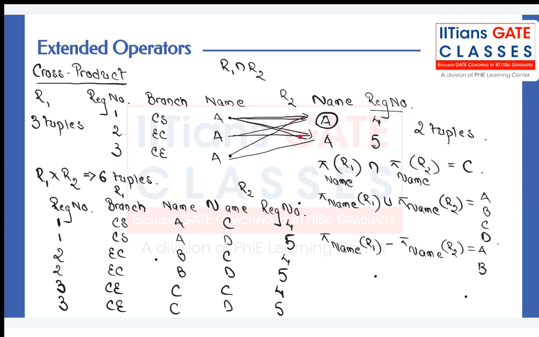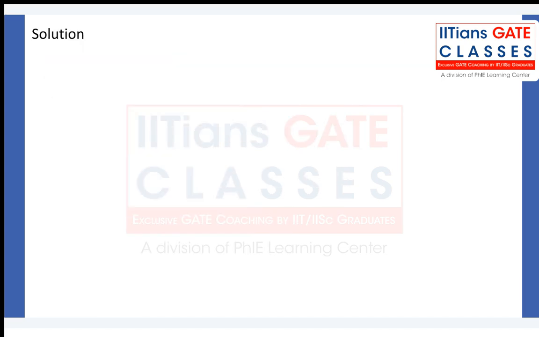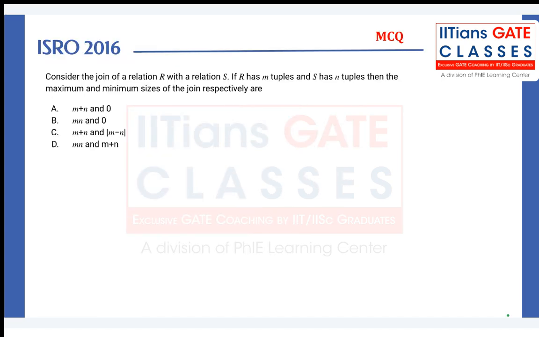Second row would have matched with both these rows. Third row would have matched with both these rows. So the output is the same as the Cartesian product. So that's why the maximum cardinality is mn, minimum cardinality is 0. Option D is the right answer. Okay. Anyone who has any questions?